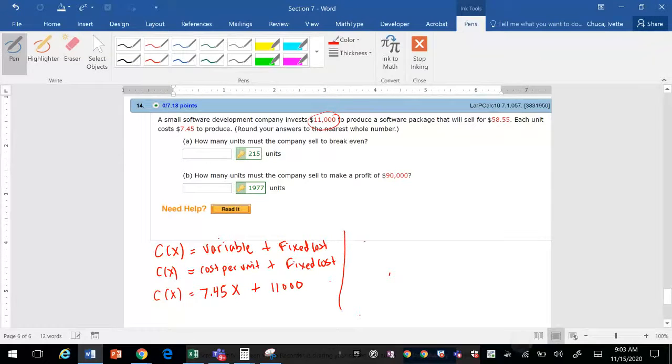And now let's look at revenue. The revenue is the selling price per unit, so how much you're selling the product for. Here they tell us it will sell for 58.55, and we don't know how many, so we call it x.